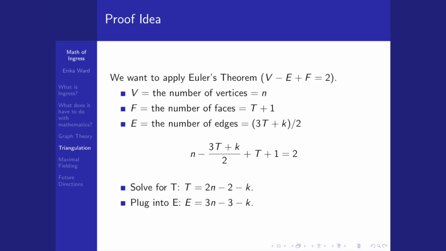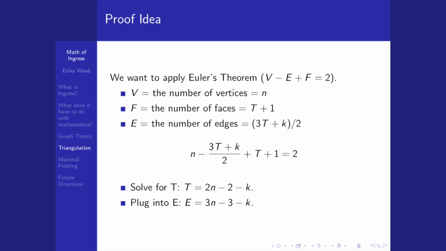The number of faces is the number of triangles plus the one on the outside, right? If we're only counting triangles, we ignored that extra face that fills up the outside of the world. So total number of faces is going to be t plus 1.